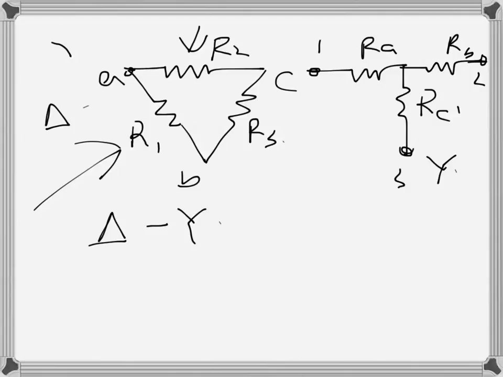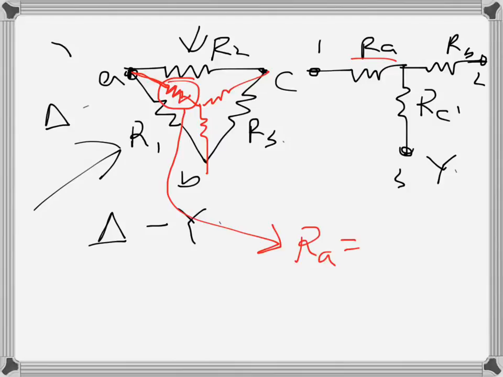Basically, this one here is a delta, and this will be converted into a Y, which will have a resistance here, and a resistance here, like that. This one is the first one. When we write the formula for this one, let's call it RA maybe.